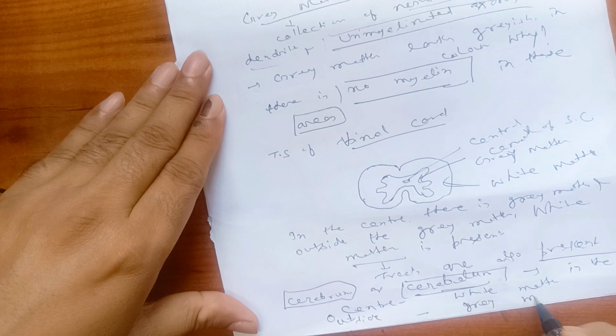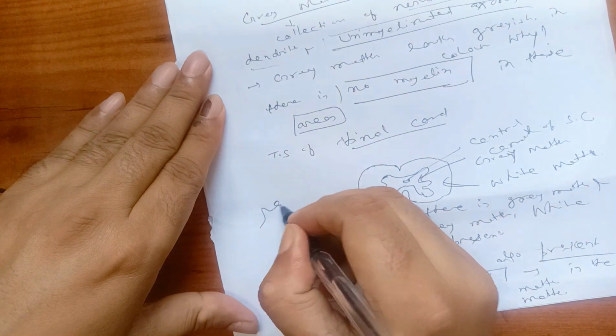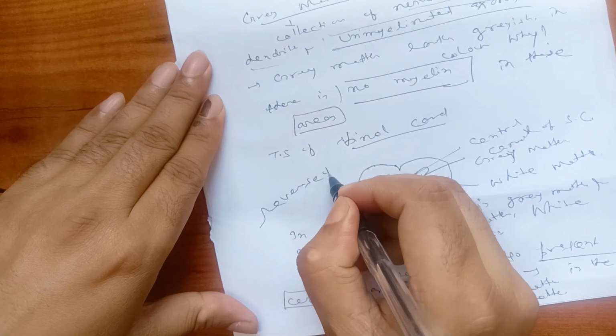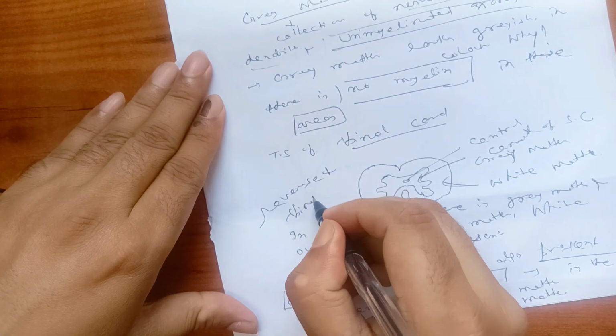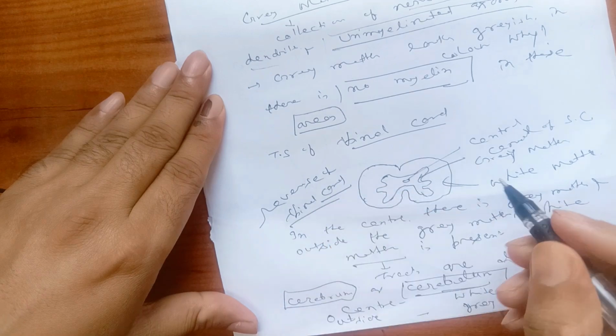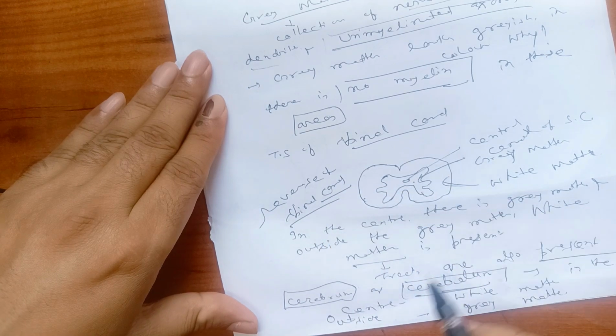It is the reverse of the spinal cord. In the spinal cord the gray matter is in the center and the white matter outside, whereas in the cerebrum the white matter is in the center and the gray matter outside.